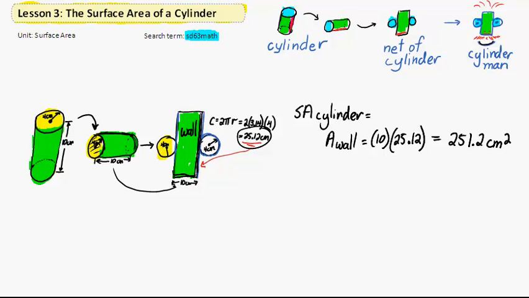Now the area of the top, which is this area right here, is equal to pi r squared, which is approximately 3.14 times the radius squared.